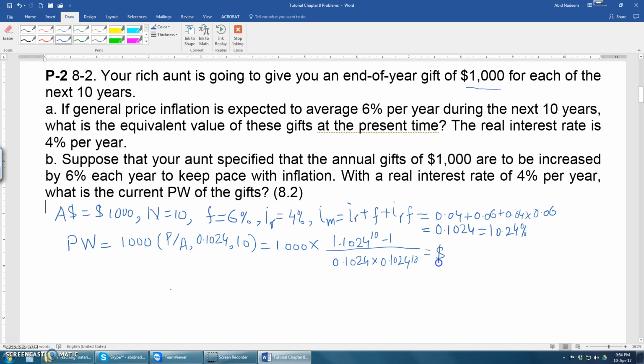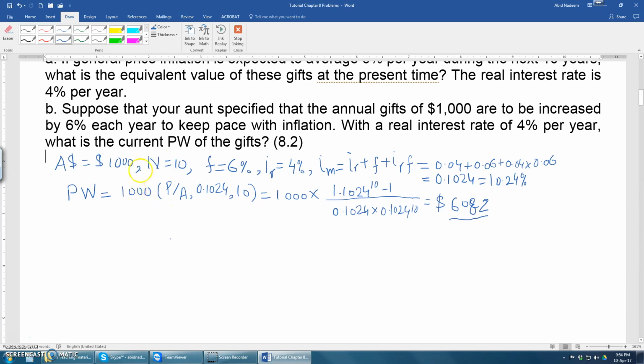So this will give a value of about $6,082. So this is part A.